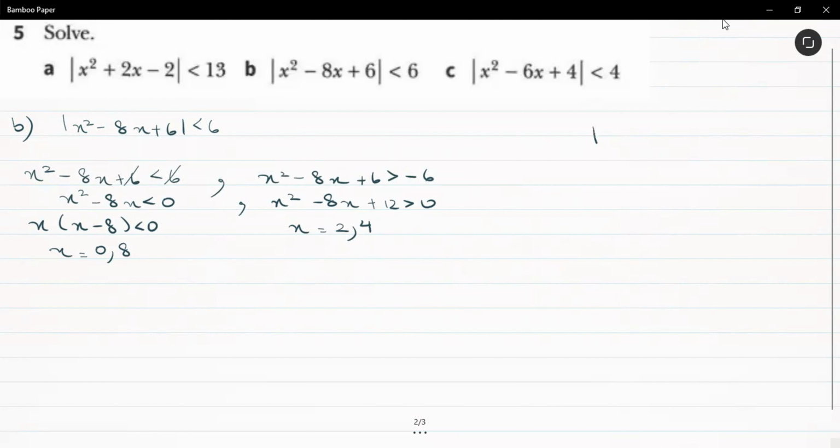Now again, a really rough graph for visualization. And I would recommend, especially in this question, please do use a graph because it's going to make your life easier. So from here, 0 till 8, something like that. It's just an approximation.